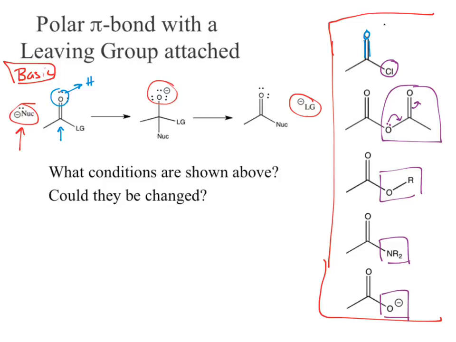If we move further down, we then move to nitrogen as our leaving group. Why is nitrogen a poorer leaving group than oxygen? It's less electronegative. Being less electronegative, it's less likely to take the electrons away from that carbon or that carbonyl bond. Okay?